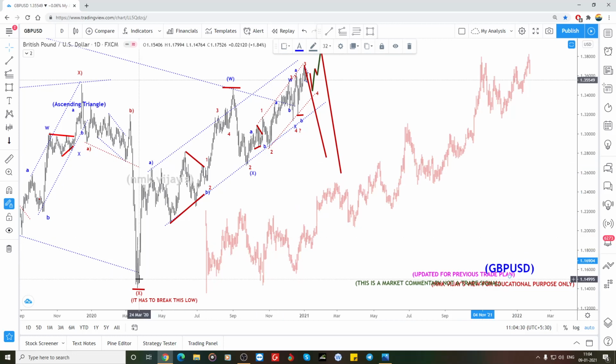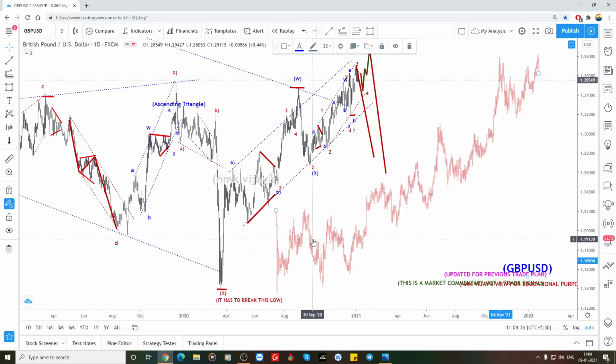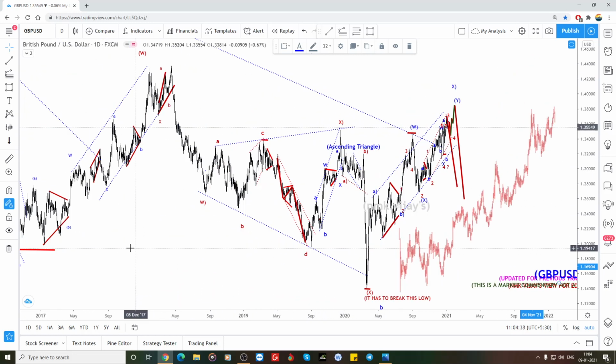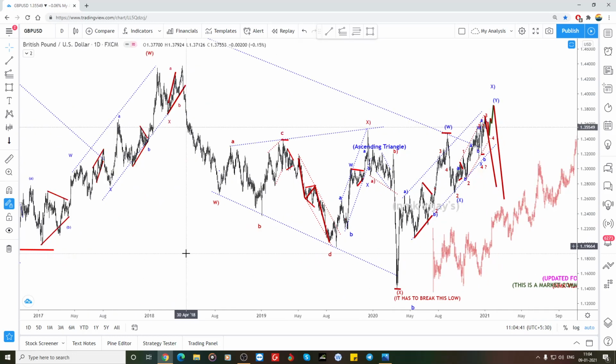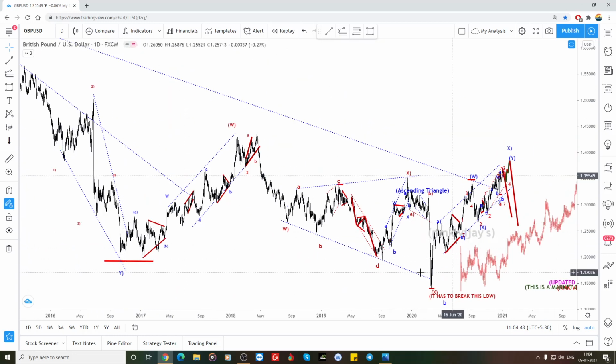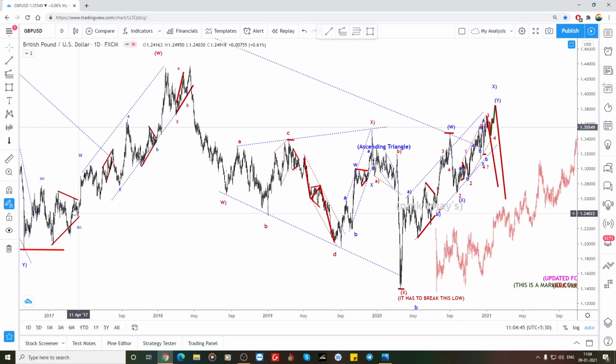Right, see this is the A, so here also A. So B is a triangle, here also a triangle. Just listen, A, so B is a triangle, B is a triangle. So C is an impulsive, and here is also an impulsive. So this is over.